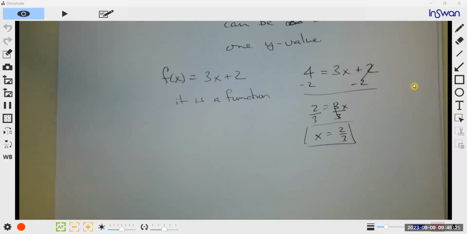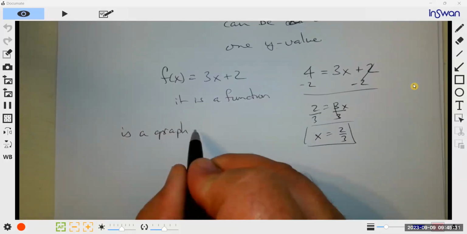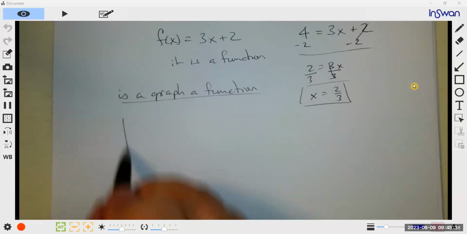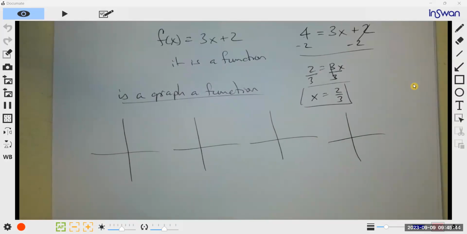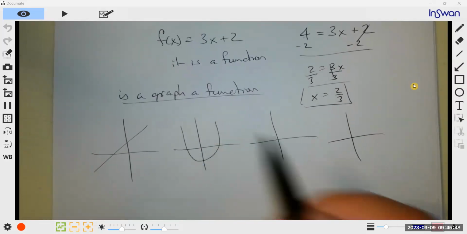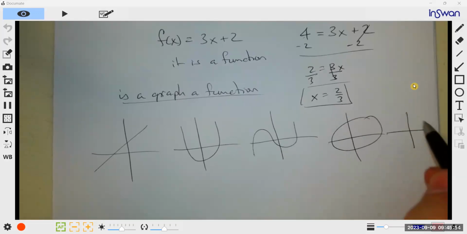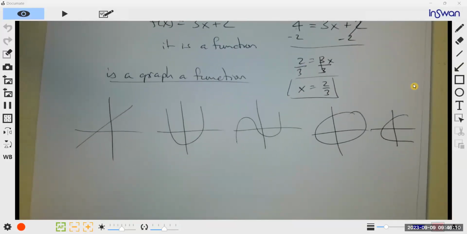All right. How about a graph? So let's draw some examples of graphs. So let's look at these.